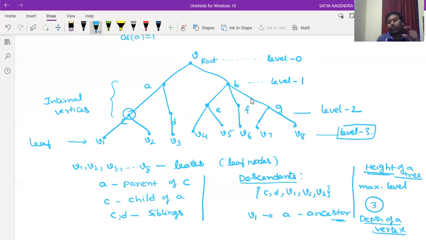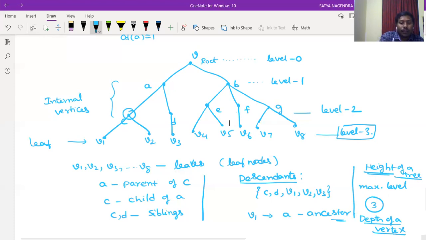A vertex in a tree is an internal vertex if its out degree is 1 or more, that is, if there exist 1 or more children, then definitely that vertex is an internal vertex.